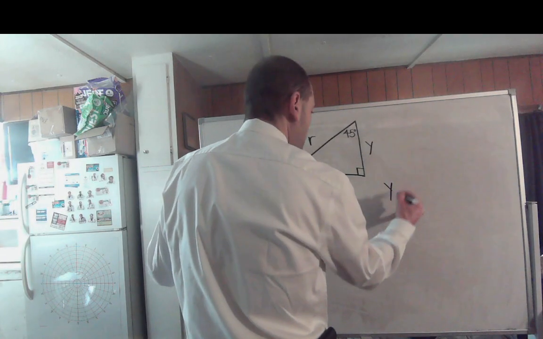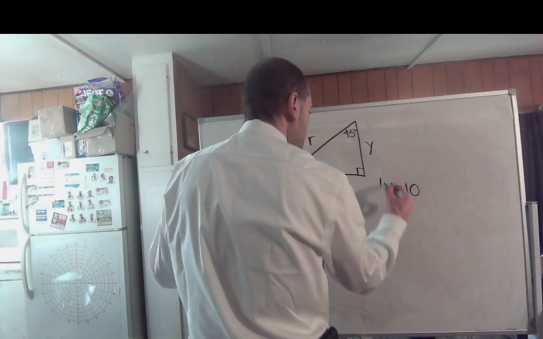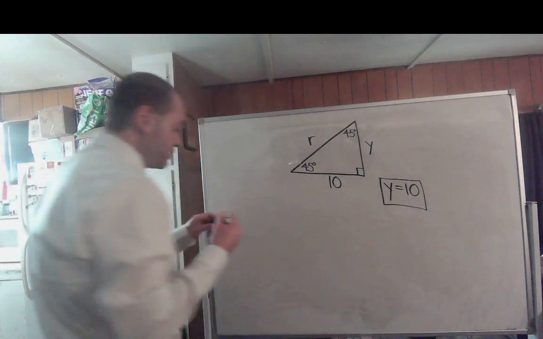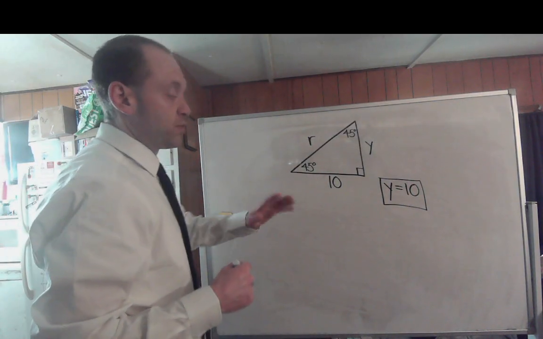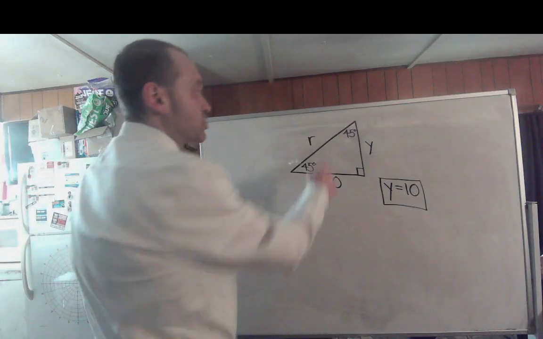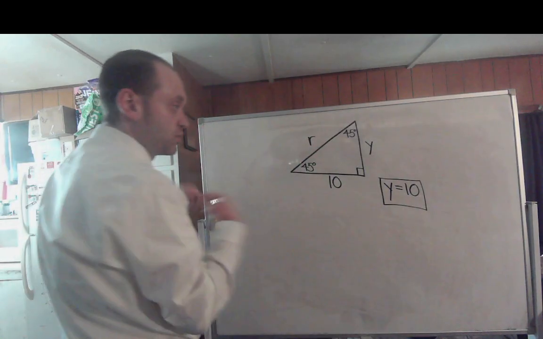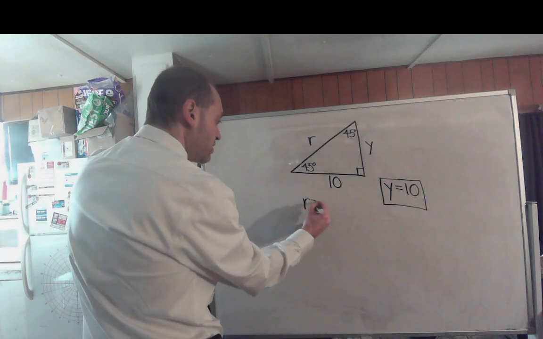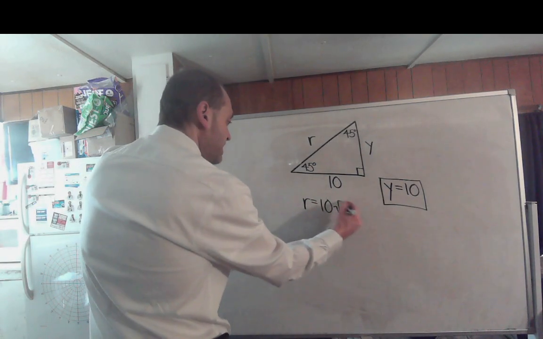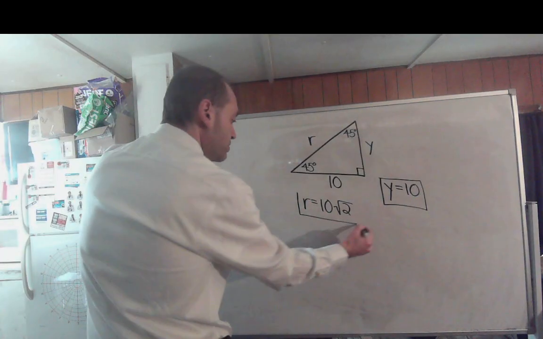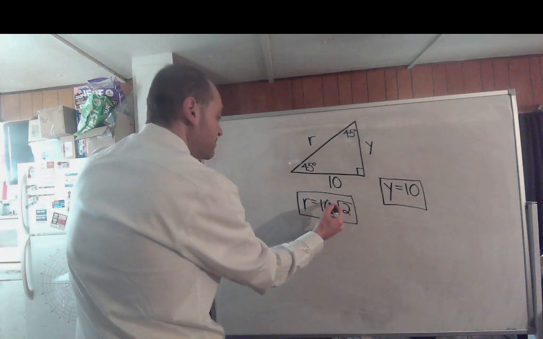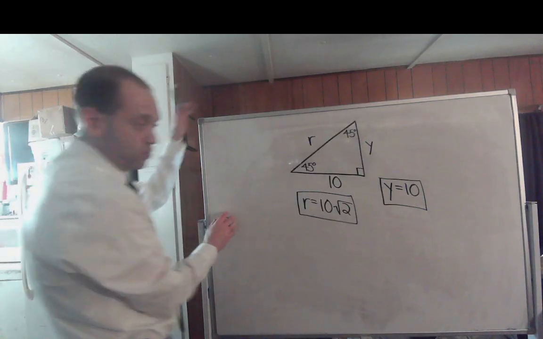So that means that y would also equal 10. And then the hypotenuse in a 45, 45, 90 right triangle is the square root of 2 times as long as one of the legs. So you would get that r equals 10 times the square root of 2. That would be easy enough. And 2 more of these.